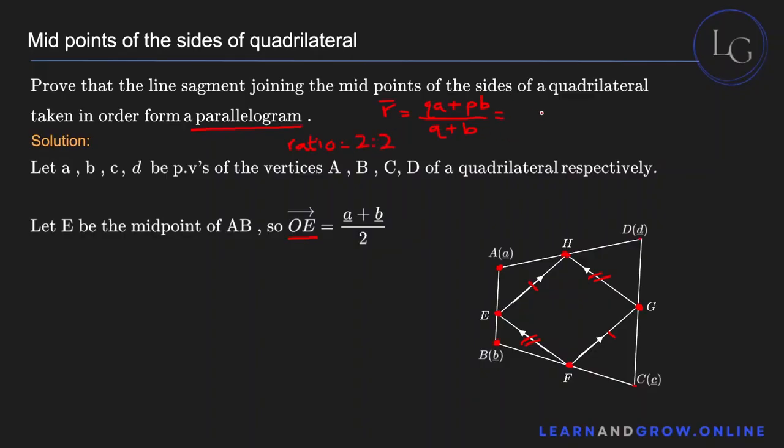So that will basically mean that 2A plus 2B over Q plus P, which is 2 plus 2, which is equal to 4. So when you take 2 common over here, that means it's 2 times A plus B over 4. Now you can cancel this out and this becomes 2. So that just leaves you with A plus B over 2. And that is how you got this equation over here.